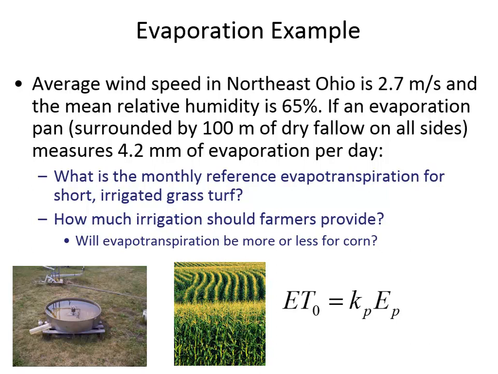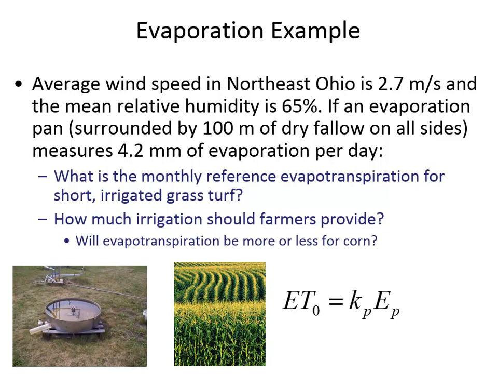And in this example, we have a wind speed of 2.7 meters per second. We're going to use that to find out which pan coefficient we should use. And so we'll remind ourselves the wind speed is 2.7 meters per second. And the relative humidity is 65% in this one.